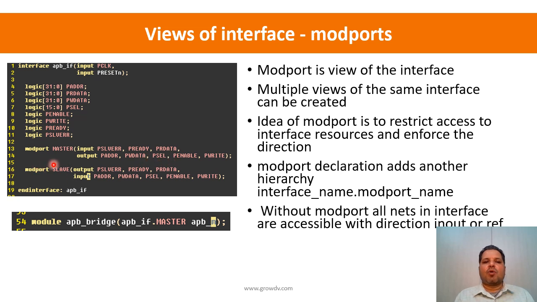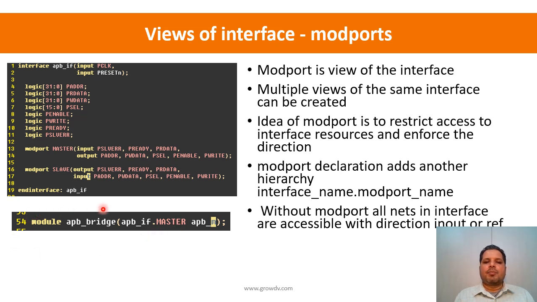When we look at the Modport for the slave, it's reversed. The outputs are P slave error, P ready and PR data, whereas P address, PW data and so on become inputs. This is the way we create the Modport. And a Modport declaration within an interface adds another hierarchy. Whenever you access any of the resources through the Modport, the Modport name also becomes a part of the hierarchy.